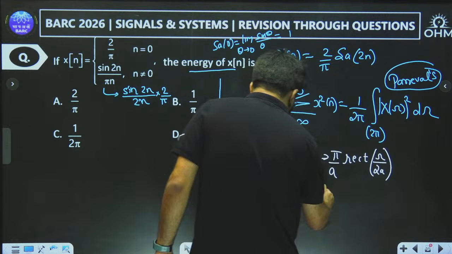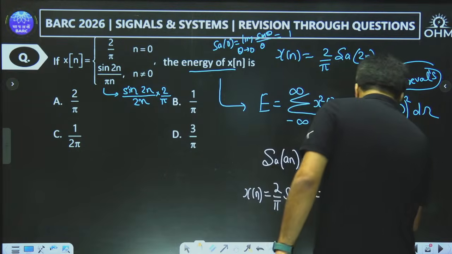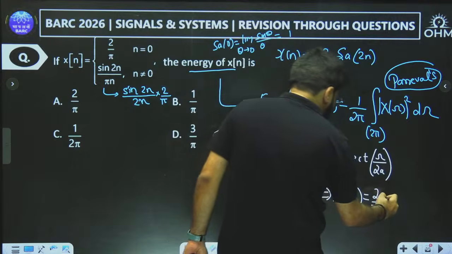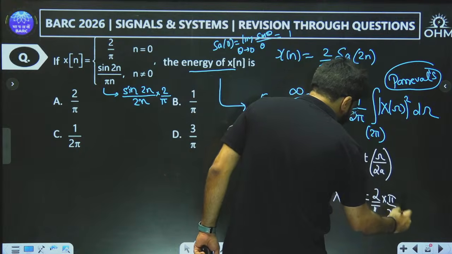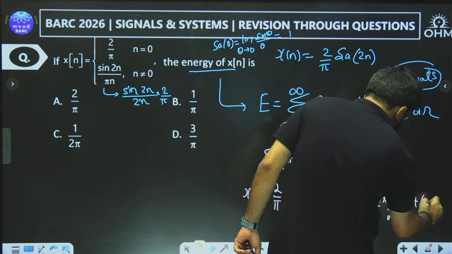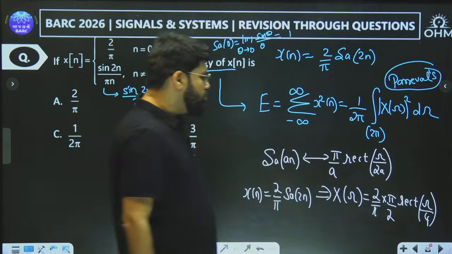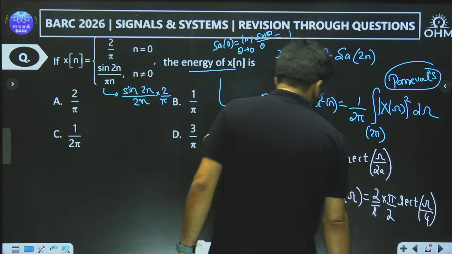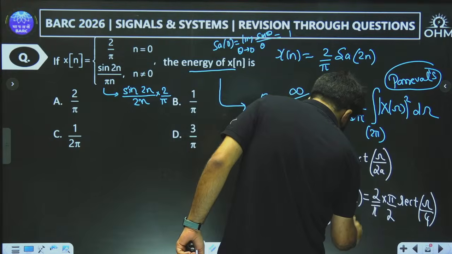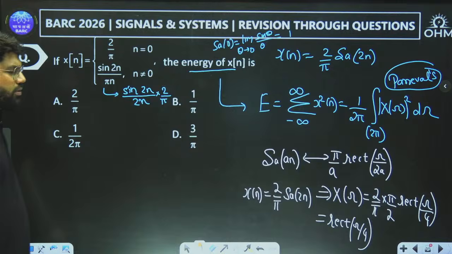Let me write down this X(omega) separately. 2 by pi multiplied by sampling 2n, where a value is 2, gives pi by 2, rect of omega by 4. Now 2 by pi and pi by 2 cancel. Answer is rect of omega by 4.